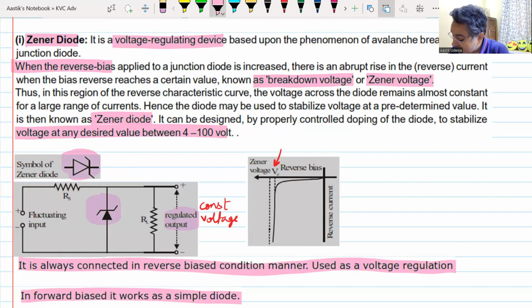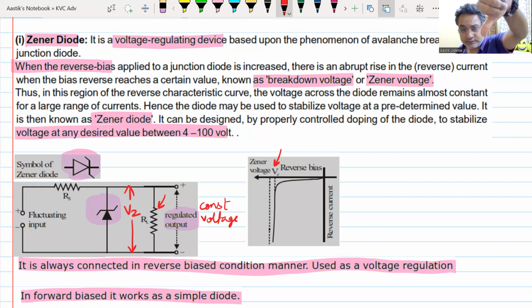That means the voltage across this point, Vz, the Zener voltage, will be applied across the load resistor. Do we understand this? Yes, sir. You have 2 minutes to note down the important points and draw the diagram.